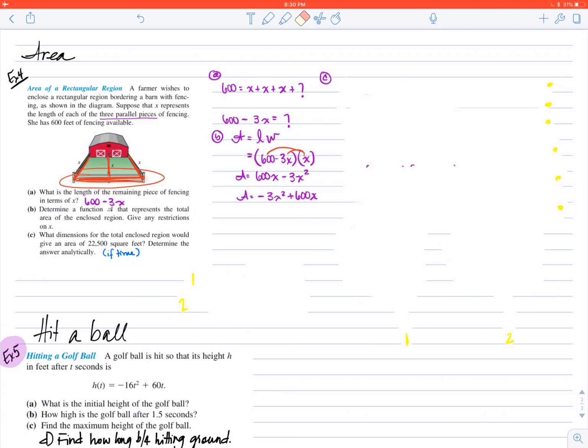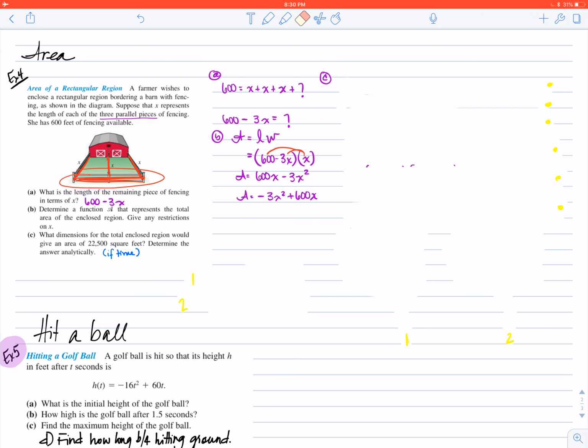Clean that up a little bit more just by trading them around to put it in our normal quadratic form, and that's negative 3x squared plus 600x. That's part B.